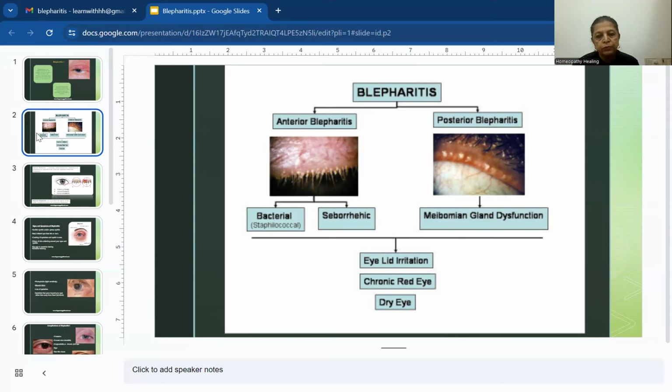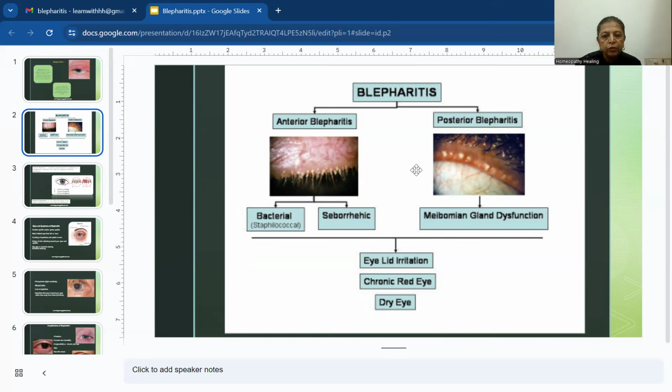When the posterior is inflamed, it is known as posterior blepharitis. Posterior blepharitis is known as meibomitis, where the openings of the meibomian glands are, and that is the inflammation of the meibomian glands. The discharge will be yellow, white, all that. I think last time we have already spoken regarding meibomitis.